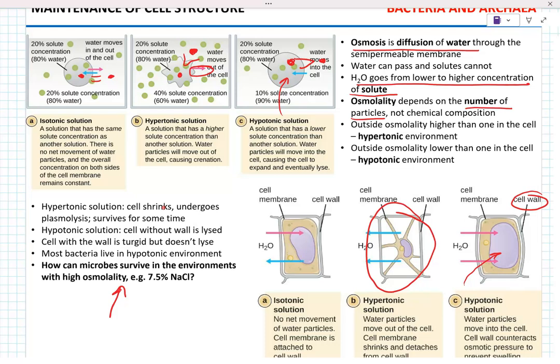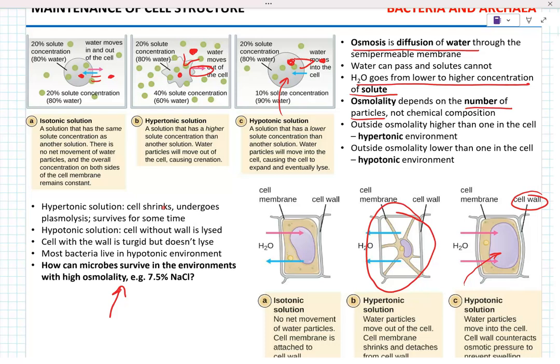When we talked about hypertonic and hypotonic, did I ever mention a single number? No, I didn't. Because it's a relative parameter, right? Hypertonic environment simply means that there's more solutes outside than inside, but no numbers. Now, cells would feel totally comfortable in isotonic environments.